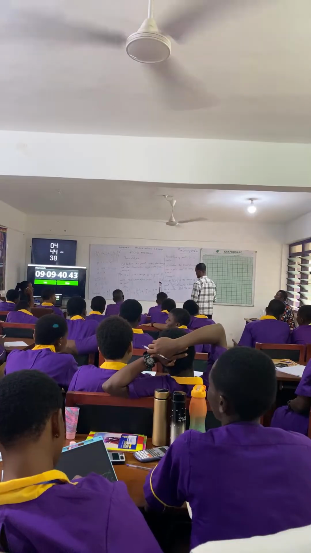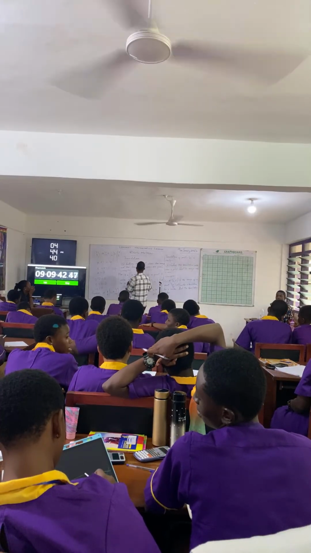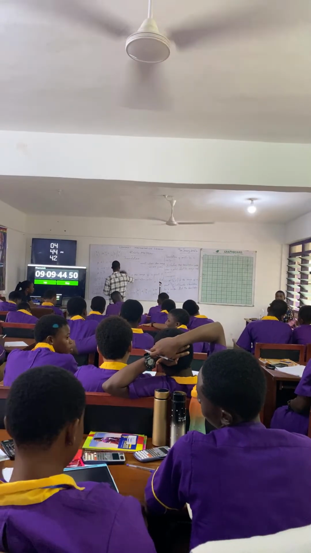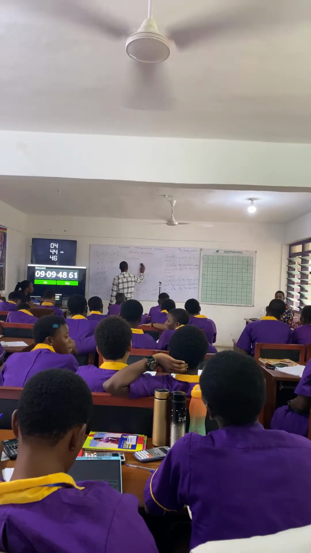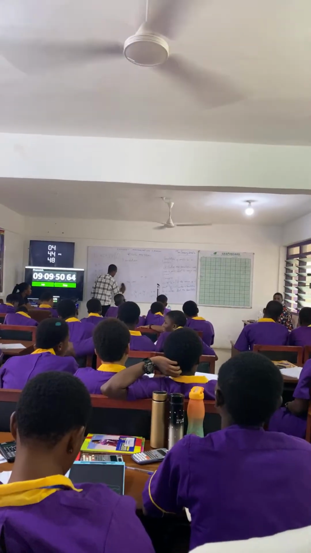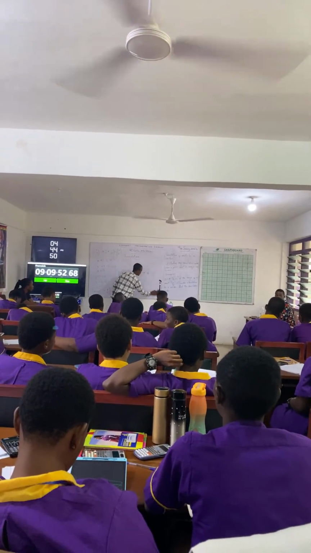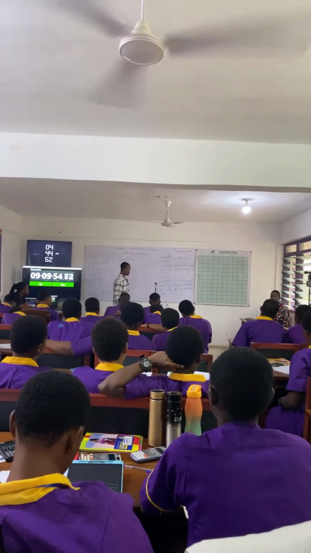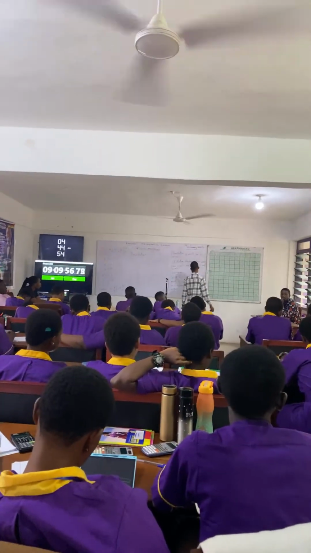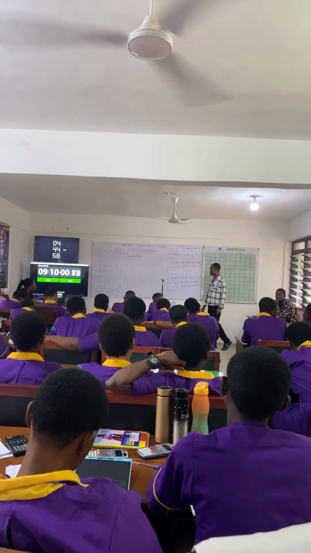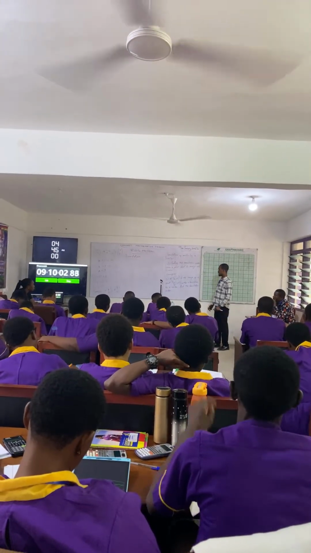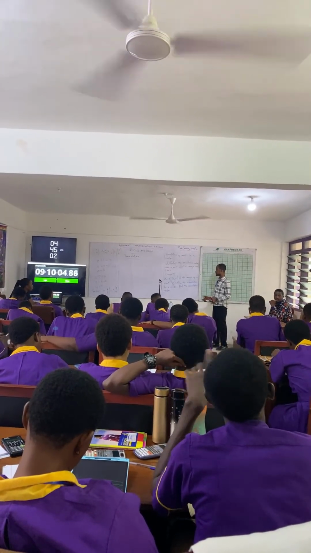Okay, so let's look at this example. In this example, we have the image to be (2, 4), and the original point is (1, 2), and they are asking us to find the translation vector.